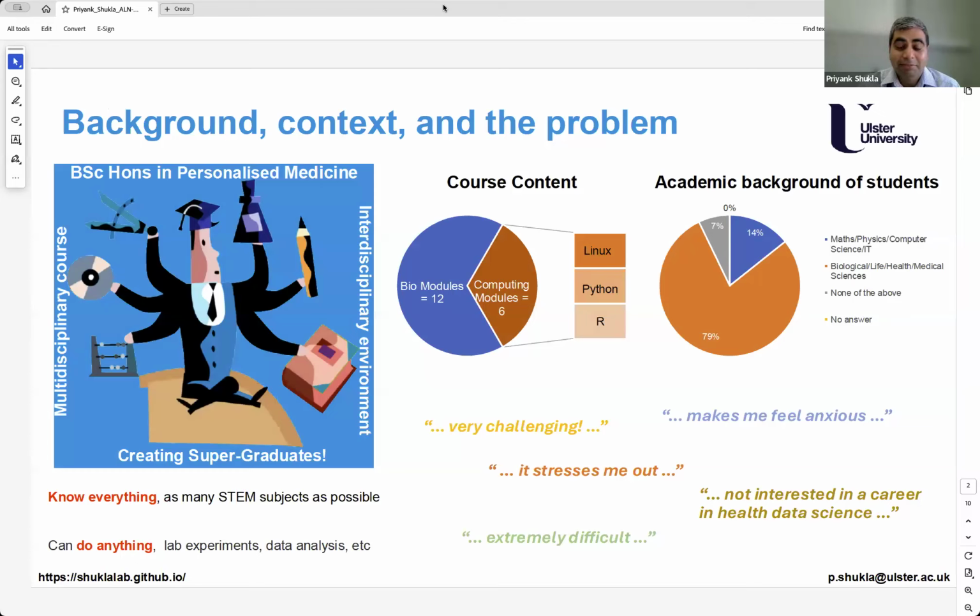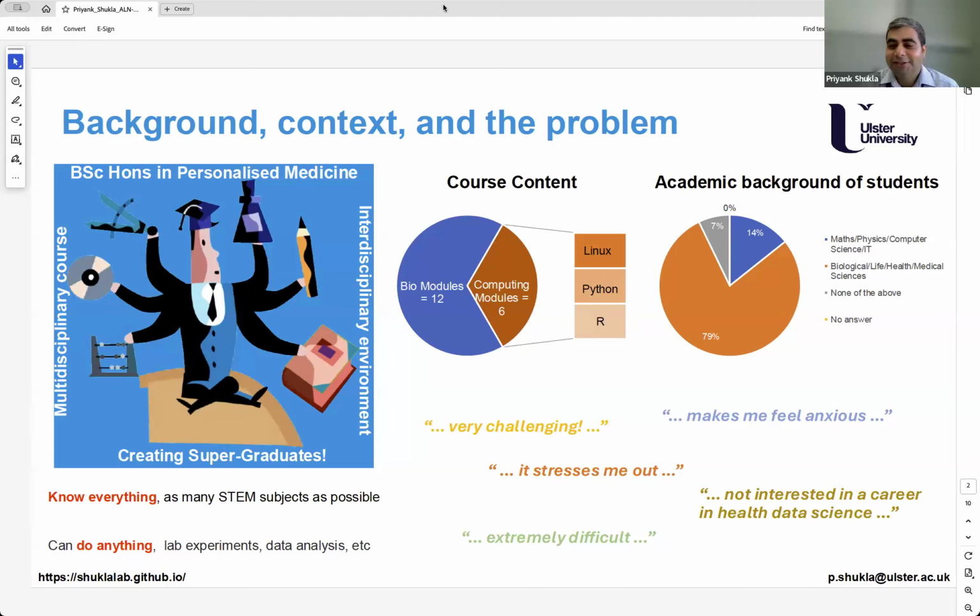And it is a multidisciplinary program, and we teach a lot of different subjects, ranging from biological sciences to statistics, programming, mathematics. And in a way, it is quite challenging for the students.